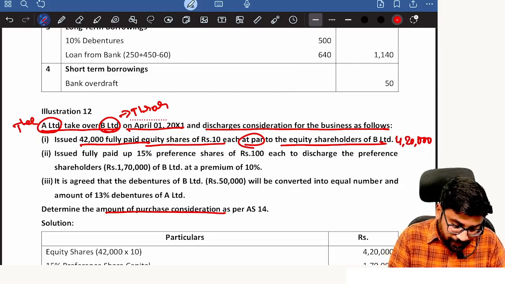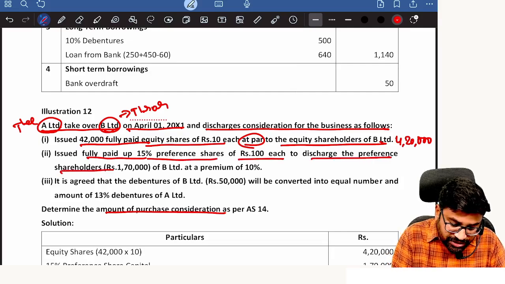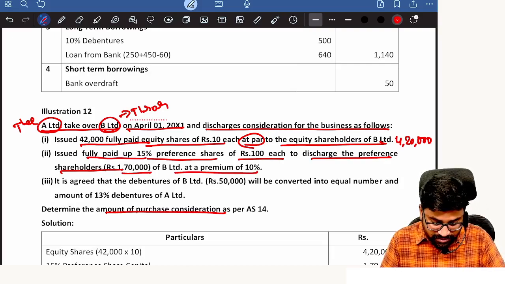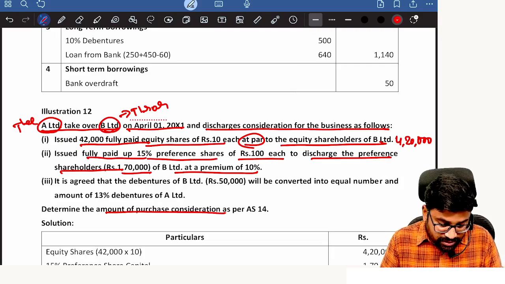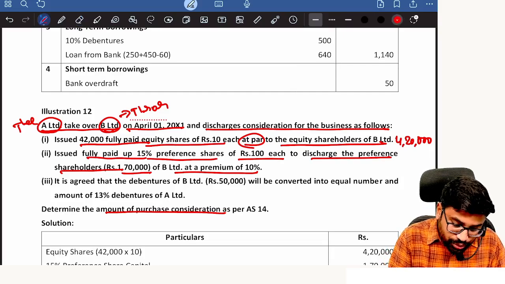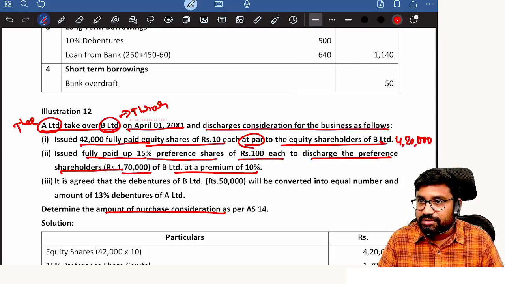Next. Issued fully paid up 15% preference shares of 100 each to discharge the preference shareholders, rupees 1,70,000, of B Limited at a premium of 10%. So important, sir: we are issuing 15% preference shares of 100 each to discharge the preference shareholders of B Limited at a premium of 10%.